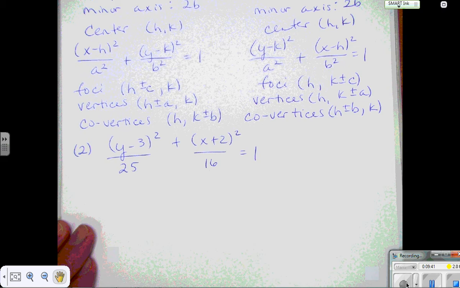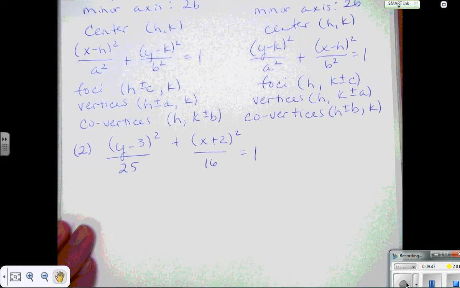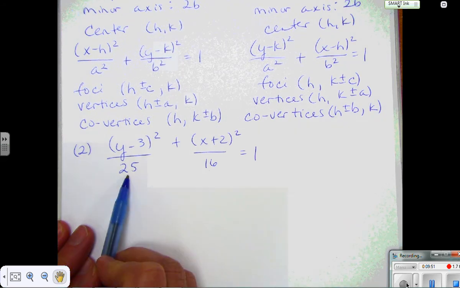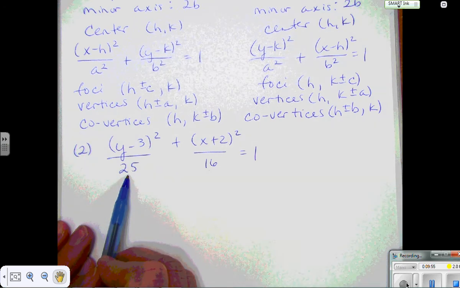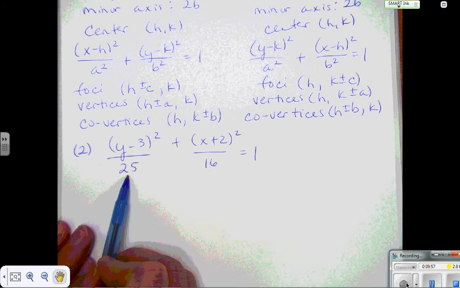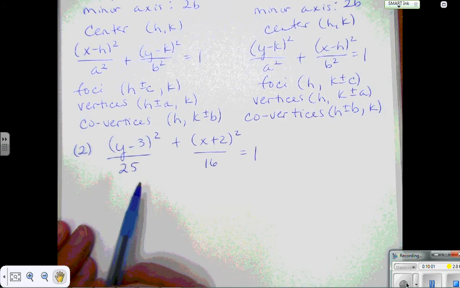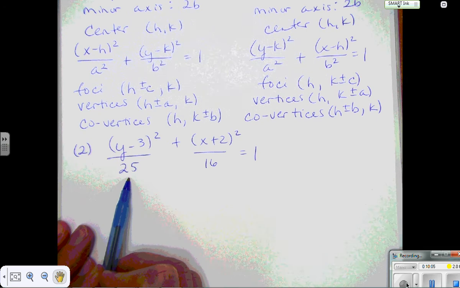Okay, so the first thing you need to decide is if this is going to be a vertical ellipse or a horizontal ellipse. And you can tell because your bigger denominator is going to tell you which direction it's going to be. If it's with the y, it's going to be vertical. If it's with the x, it's going to be horizontal. This one, your bigger denominator is with the y, so that means you're going to have a vertical ellipse.